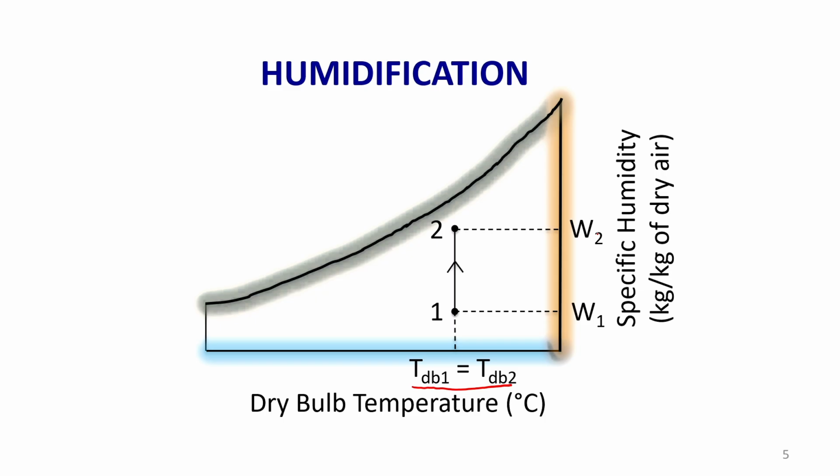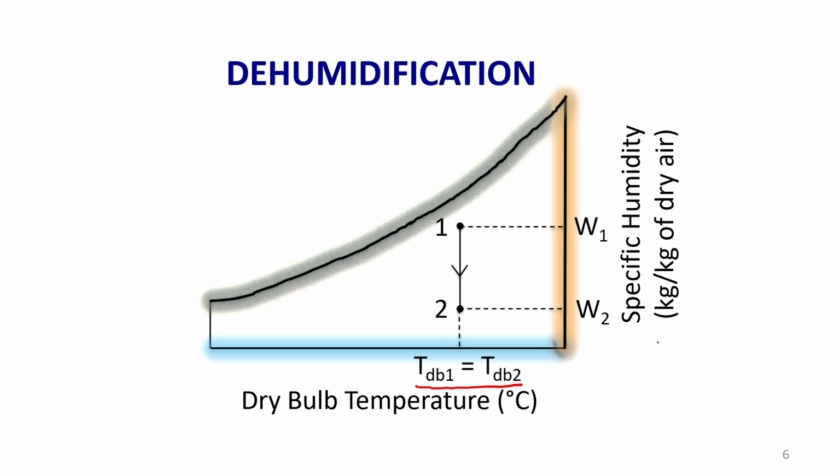Let me write this one. In humidification, W2 is greater than W1. In this one, the final specific humidity is less than the initial specific humidity.